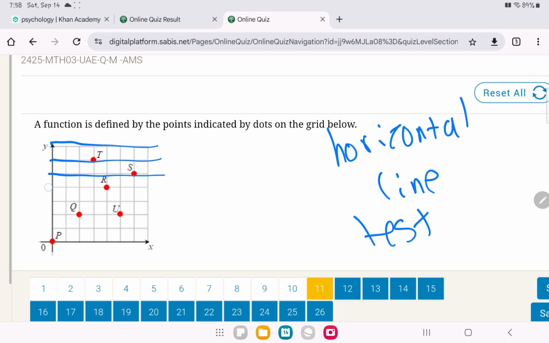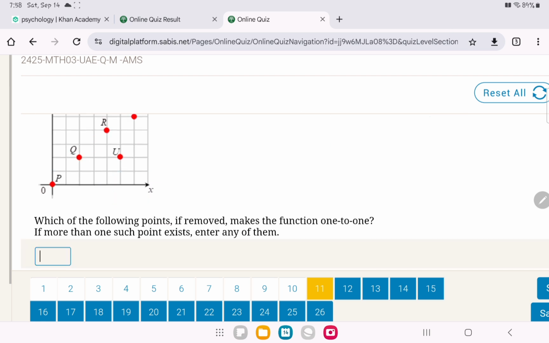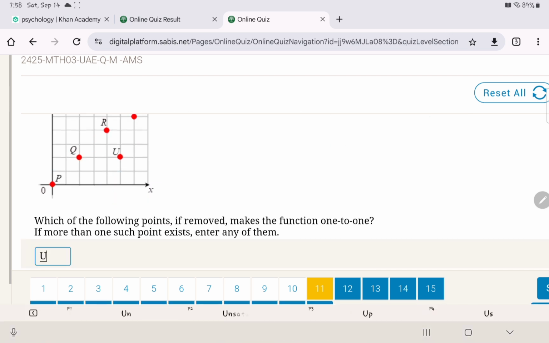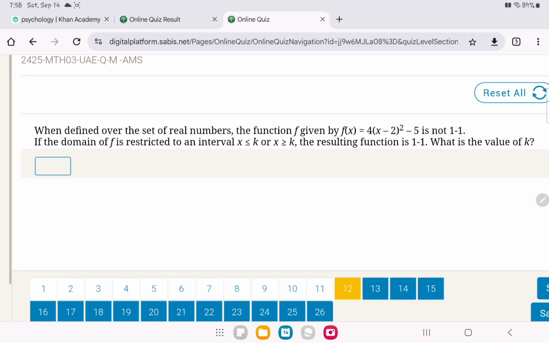And we see if there are 2 points on the same horizontal line, like here Q and U, that means it's not one-to-one, but they need us to make it one-to-one. So we either remove Q or U. So if you put Q, it's correct, and if you put U, it is also correct.